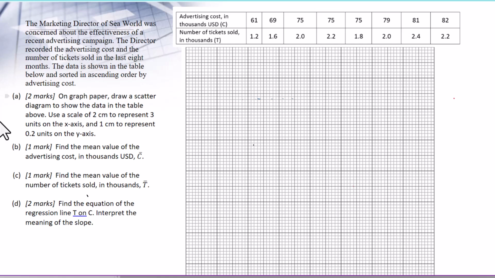A. On the graph paper, draw a scatter plot to show the data in the table above. Use a scale of 2 centimeters to represent 3 units on the x-axis and 1 centimeter to represent 0.2 units on the y-axis.